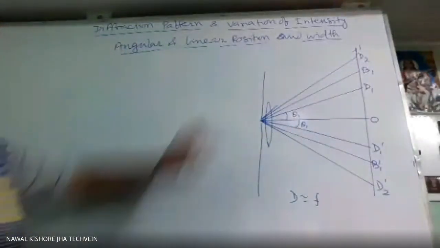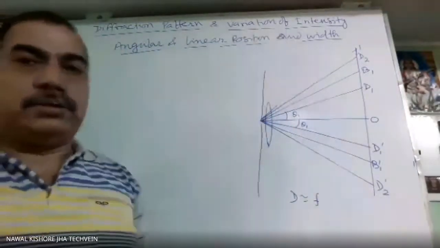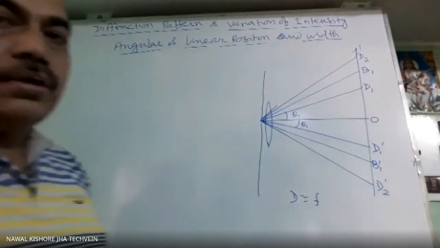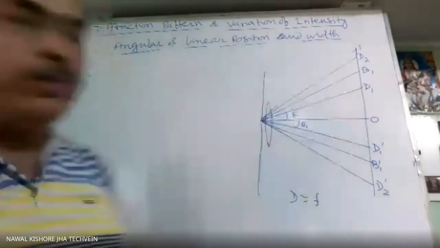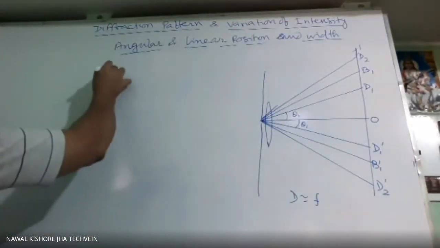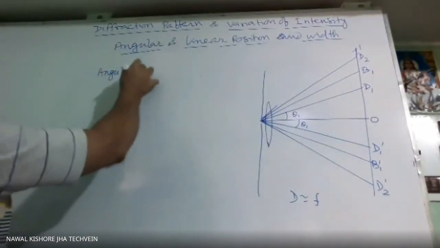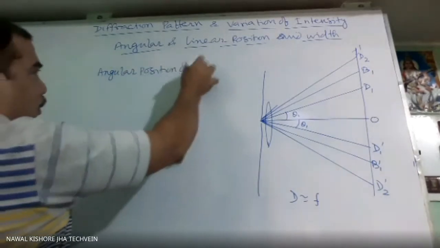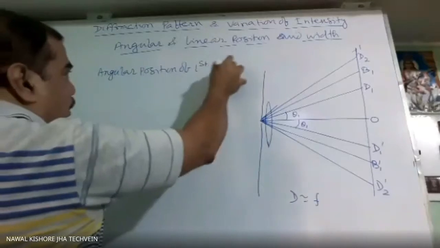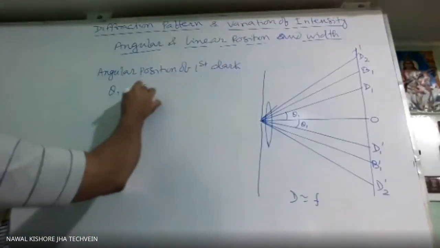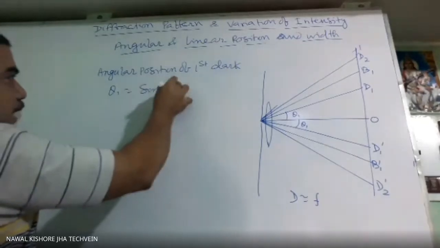So we are going to measure the different angles. What is the angular position of first dark? This θ1 will be sine inverse lambda by a.